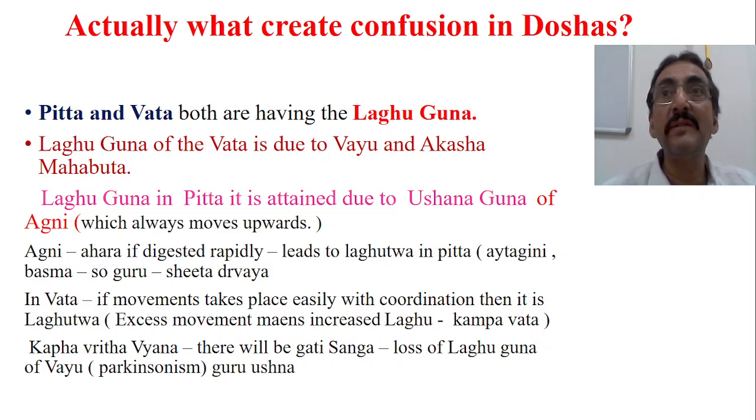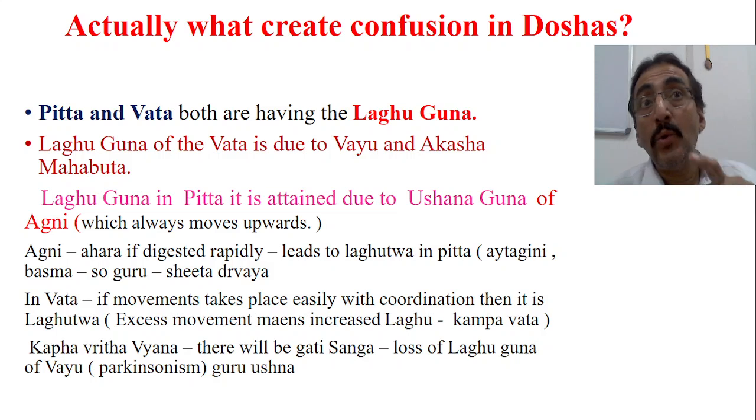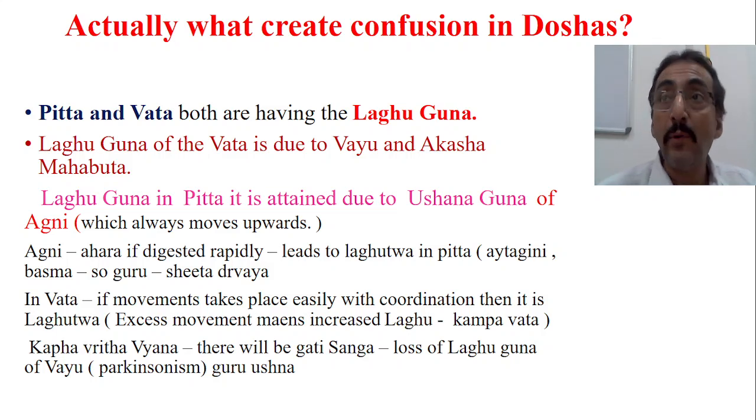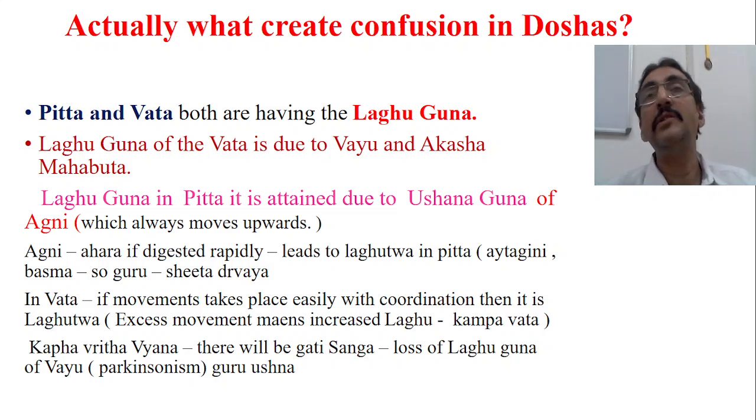One of the best examples is Kampavata. In Kampavata there is excess movement, which suggests that the Laghu guna of the body is increased in excess. There is no coordination; if it were normal, there would be coordination. It is increased above the normal level, and as a result it leads to Kampavata, with resting tremors or intentional tremors.